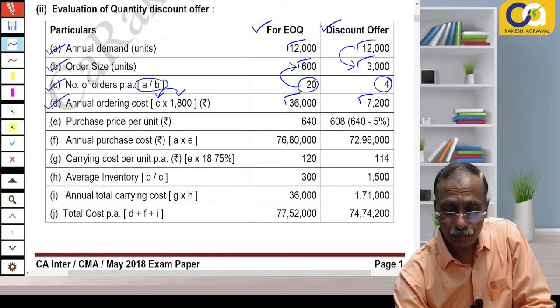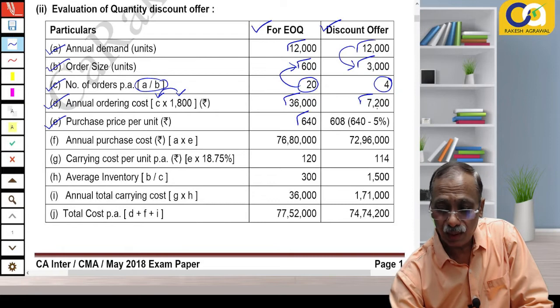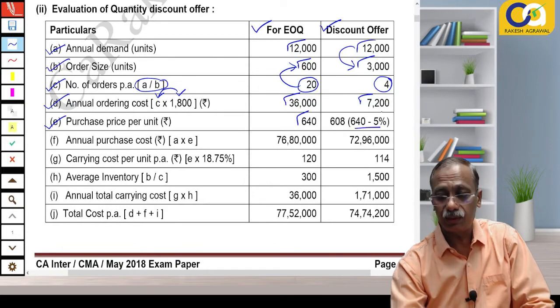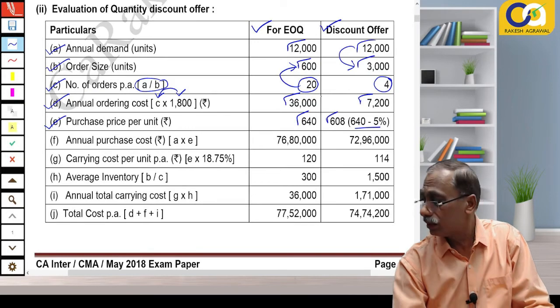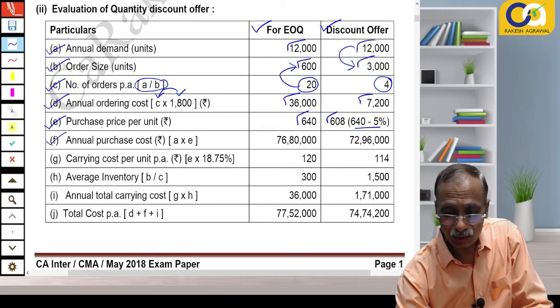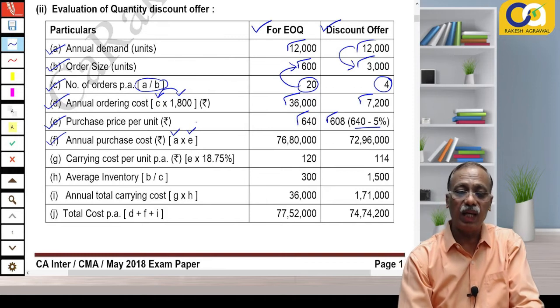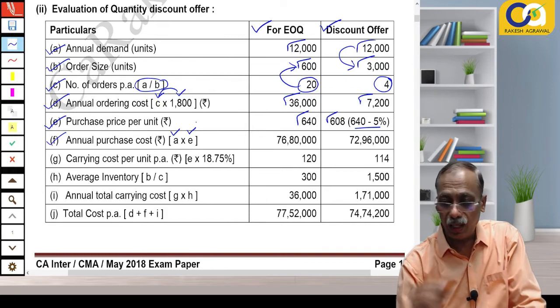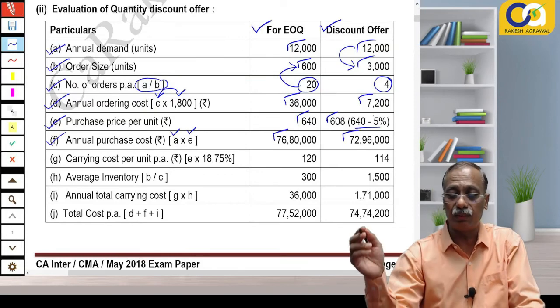Now purchase price. Purchase price for each unit is 640, and here you will get a discount of 5%. So 640 minus 5%, your purchase price per unit will become 608. Now your annual purchase cost is point number A, that is annual requirement, into purchase price. A into E, you will get annual purchase cost of 76,80,000 and 72,96,000.